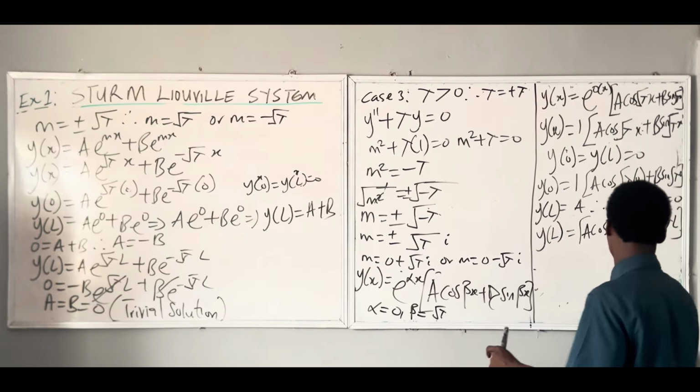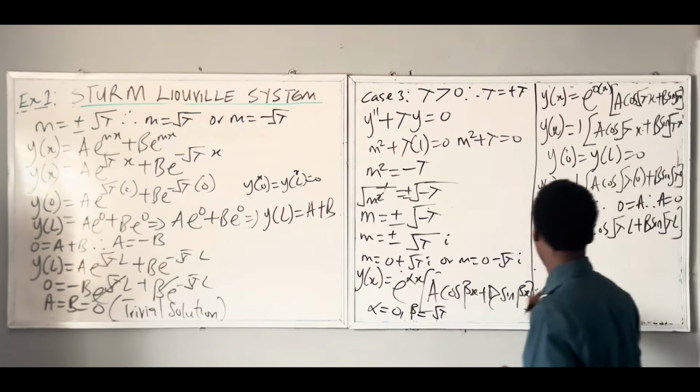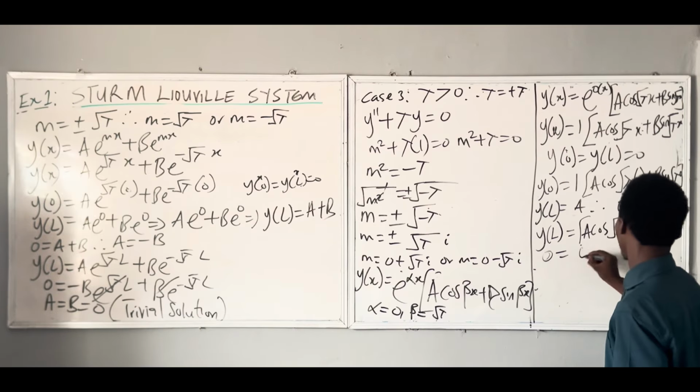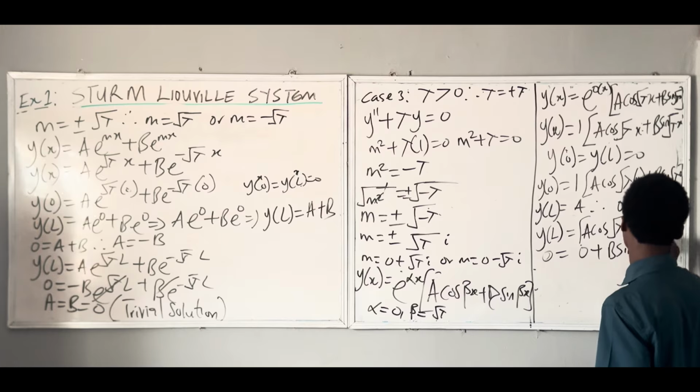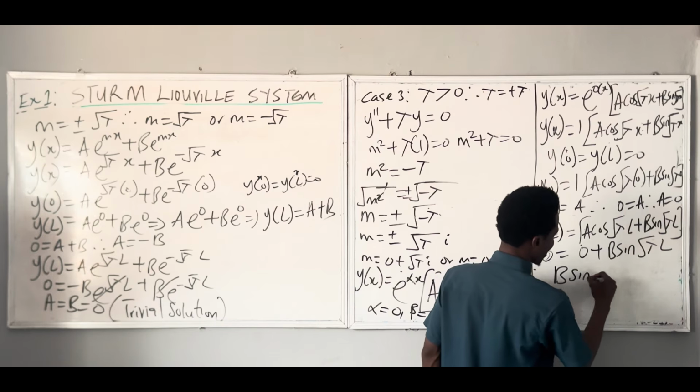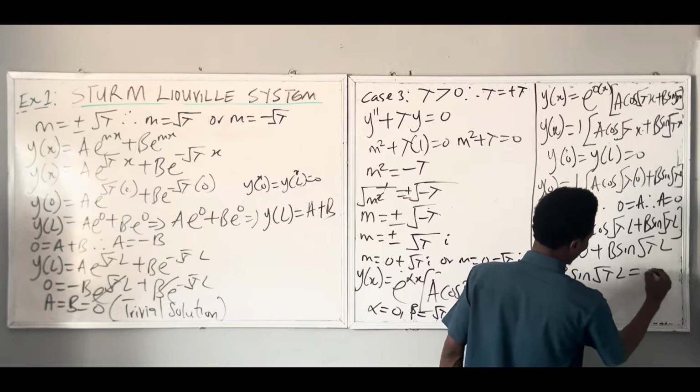So what I want to do here is, my y of l is 0 already, so here is 0, 0 plus b sine root lambda n. So I'm going to have b sine square root of lambda n is equal to 0.